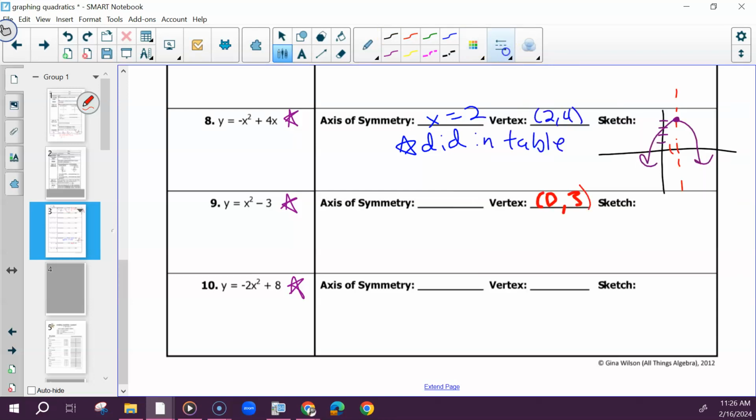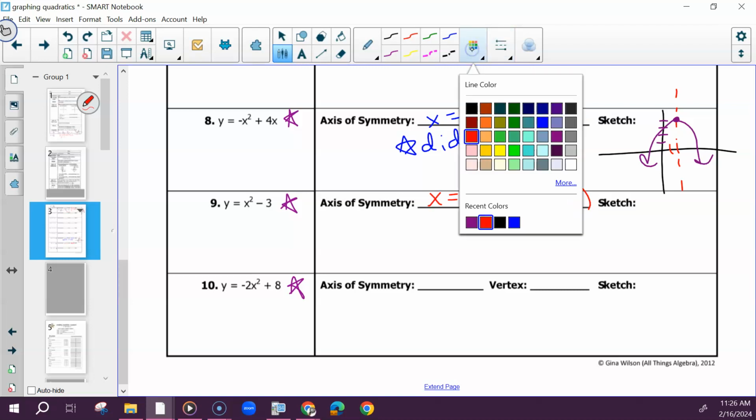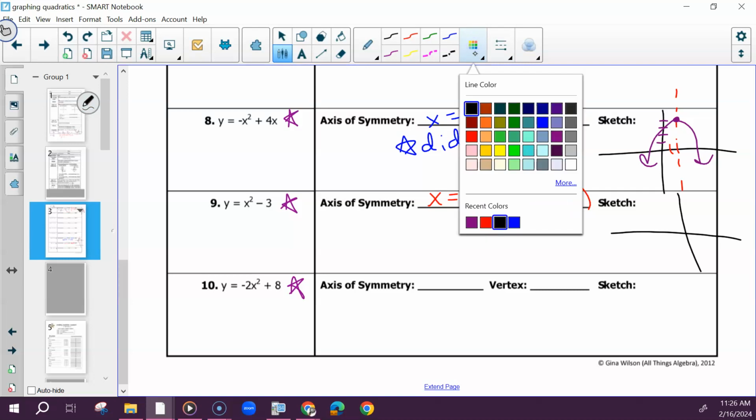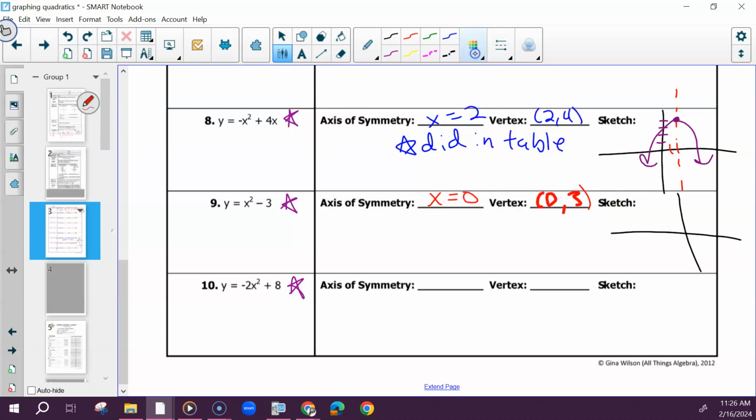Which means our axis of symmetry would be what? X equals 0. And we could draw in that sketch. Since the axis of symmetry falls on your y-axis, you could just draw it on top of it. And then we have a point at 0, negative 3.